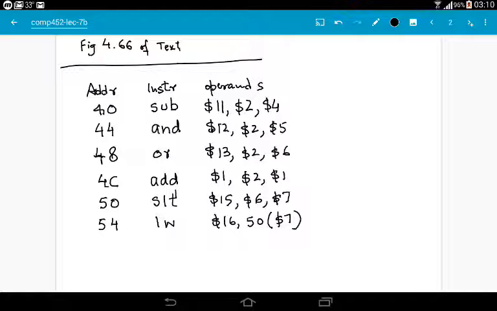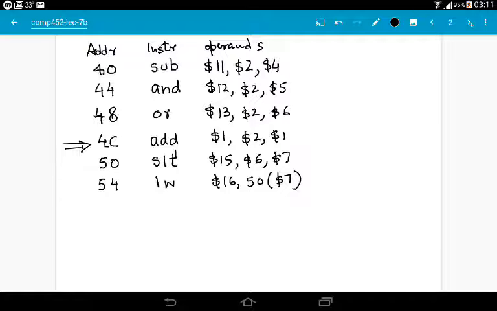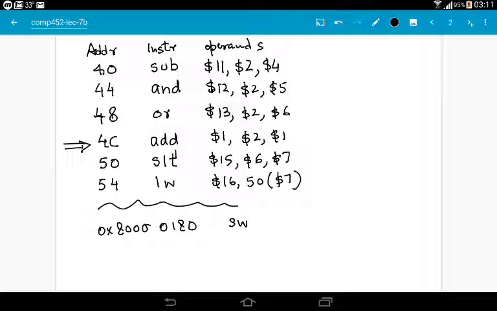When an exception occurs in the add instruction, let's say exception occurs in the add instruction, then when this exception is handled, the processor jumps to address hex 8000 0180, and here we have this instruction.